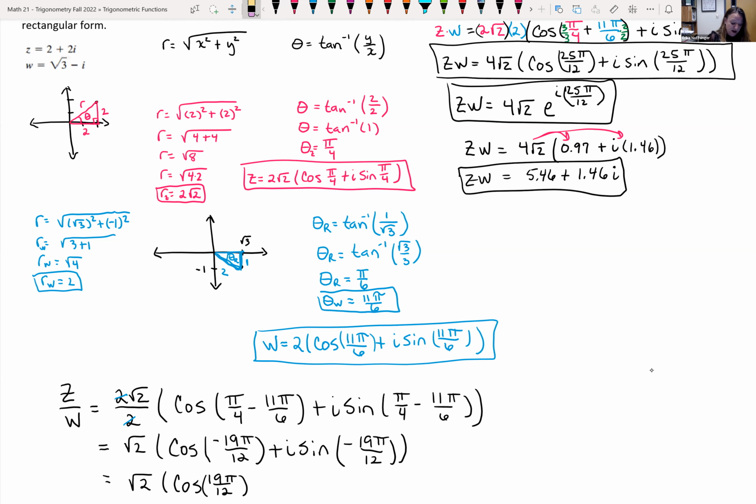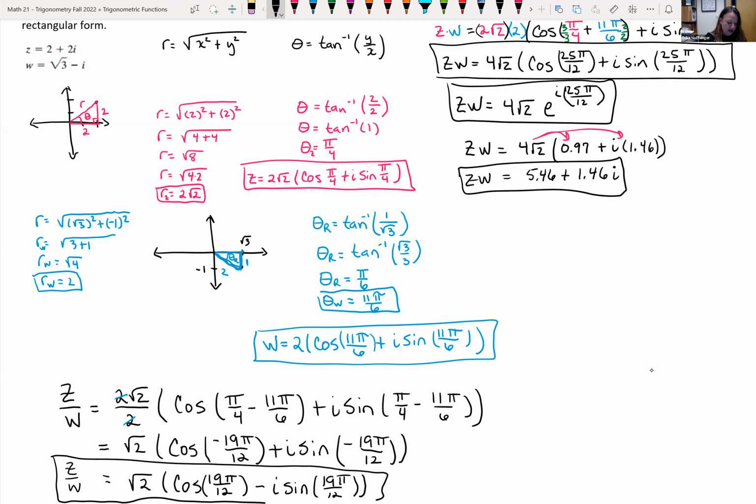And so we can say that I sine of negative 19 pi 12ths is negative I sine of 19 pi 12ths. So here is the polar form of Z divided by W.